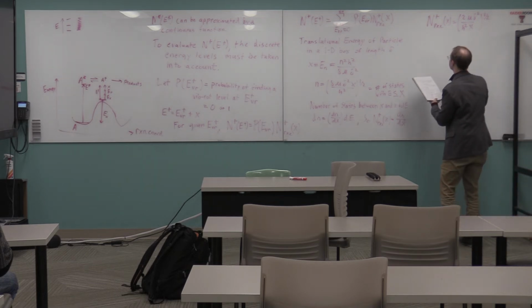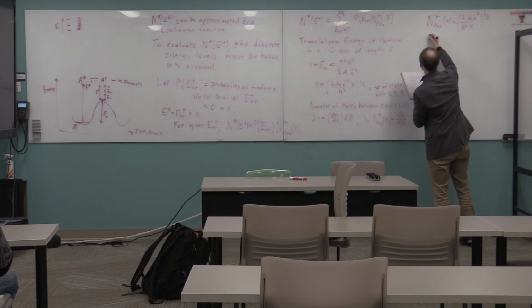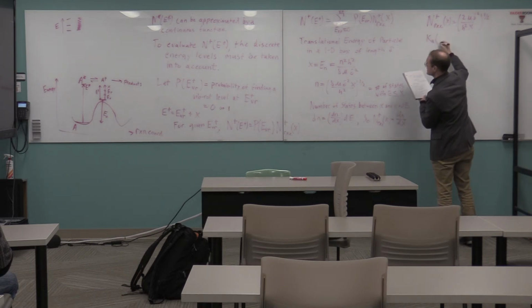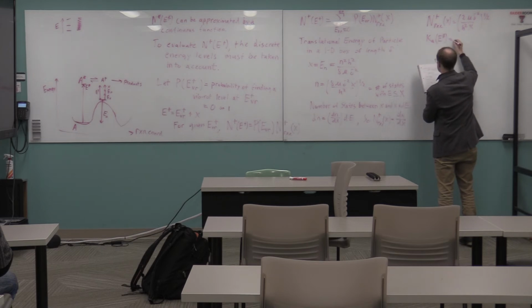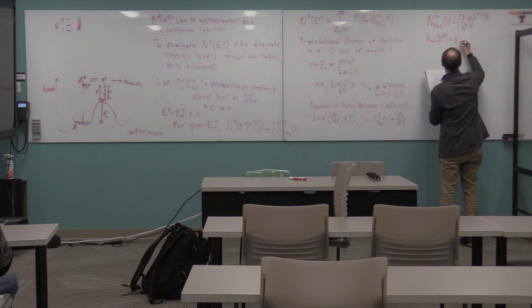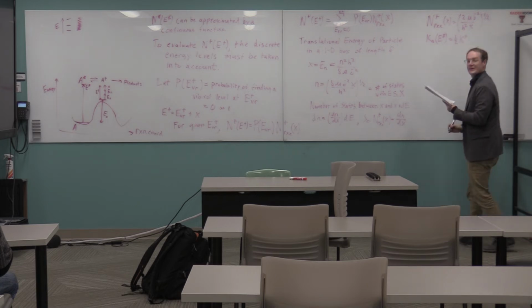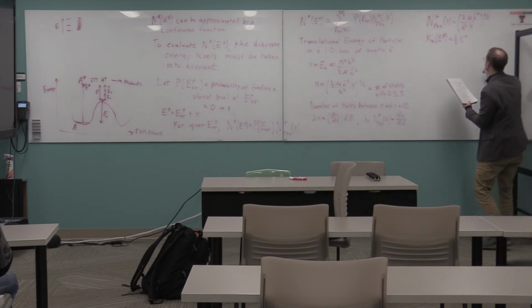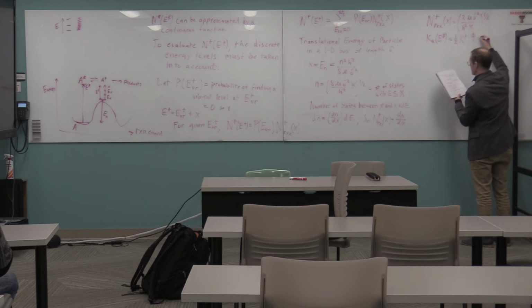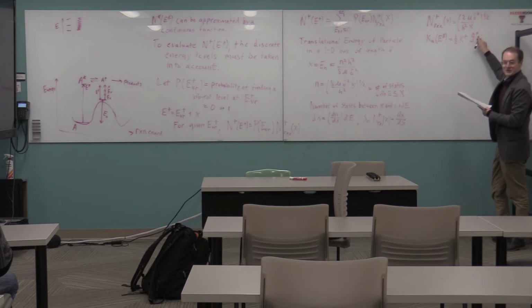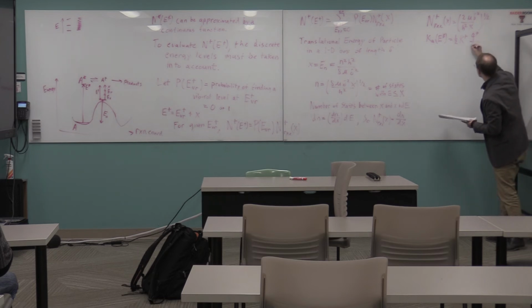So the rate constant, just to remind you, I think I erased it. It's equal to 1/2 times the rate of crossing the barrier times the ratio of the partition functions for the number of configurations of activated complex divided by number of configurations of reactant.